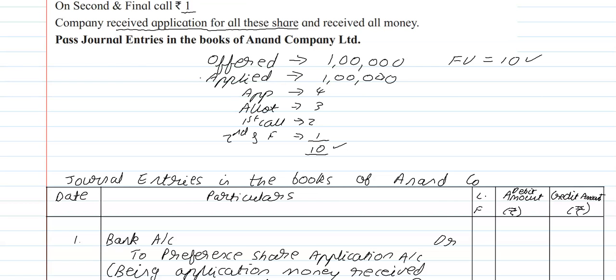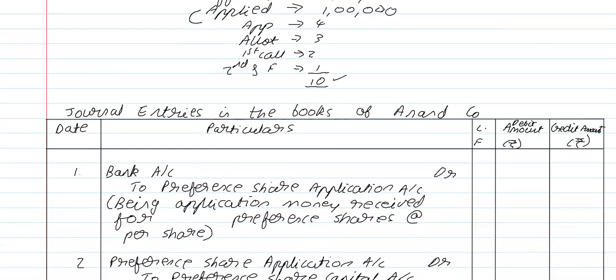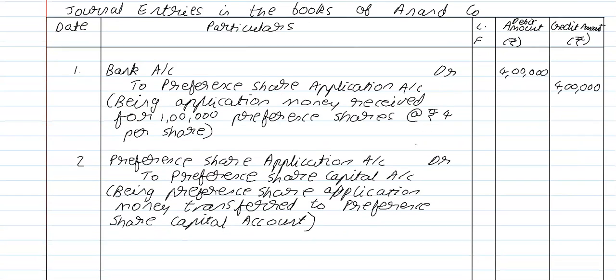We received applications for 1 lakh preference shares at 4 rupees each, giving us 4 lakhs here, 4 lakhs here. Since this is full subscription, no refund, no rejection, exactly the same number goes here and here.